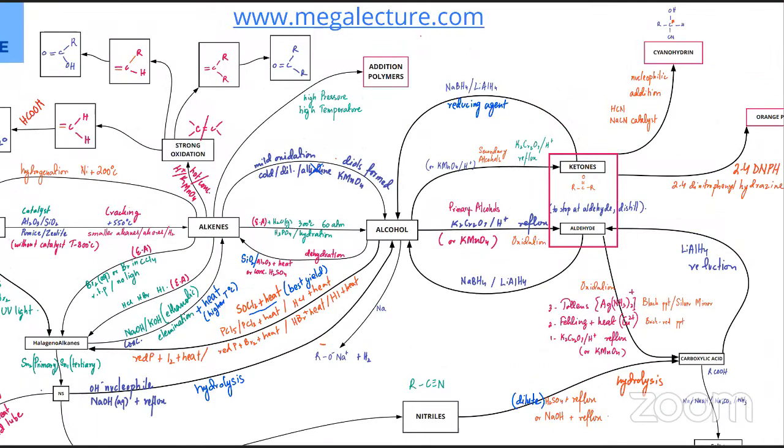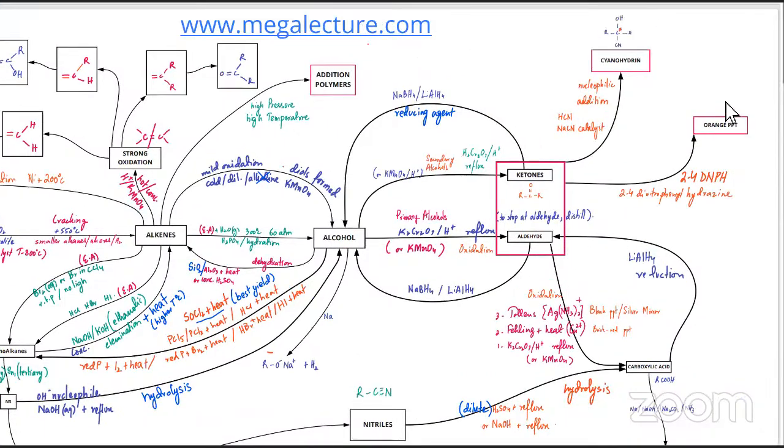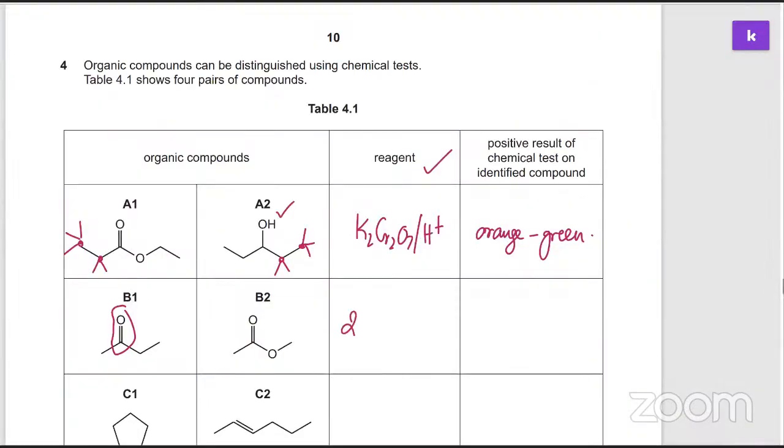Orange precipitate, sir. With aldehydes and ketones, you get an orange crystal with 2,4-DNPH. This is for A2. This is for B1.